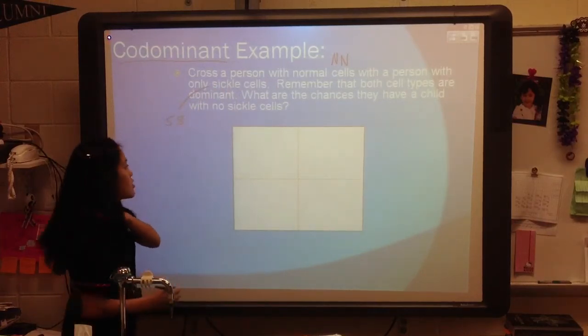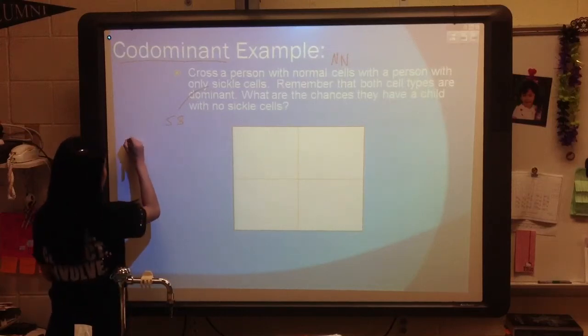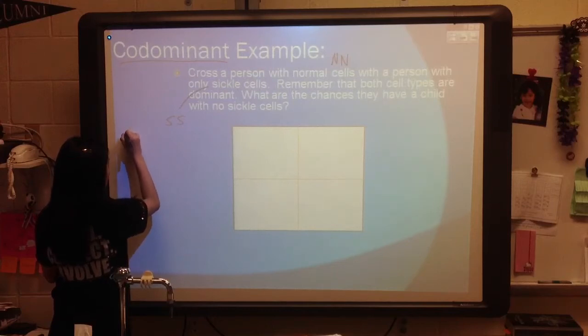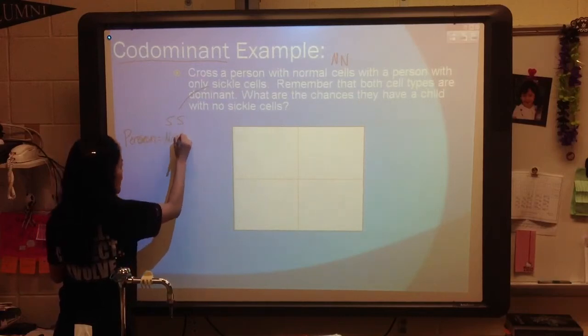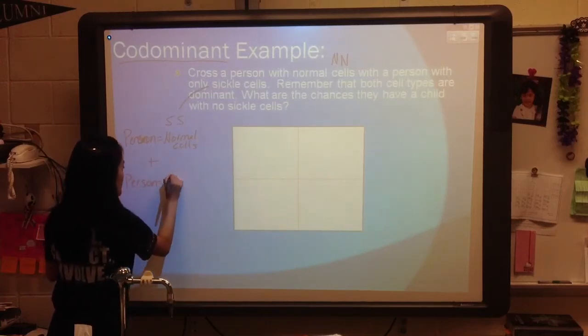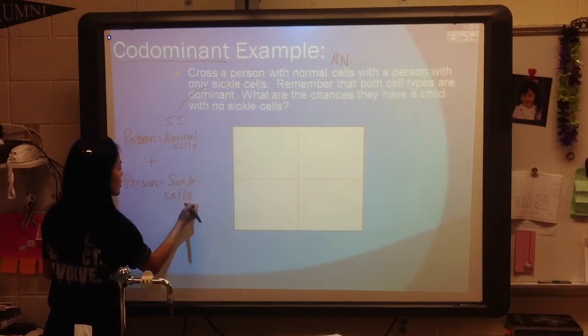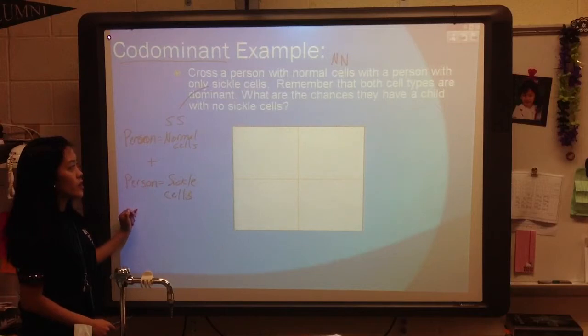Okay? So underneath co-dominant, I want you to write person with normal cells plus person with sickle cells, so that we know when we look later at our example that that's what we initially had.